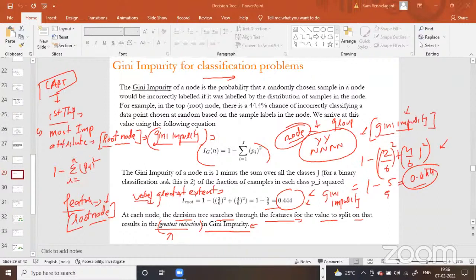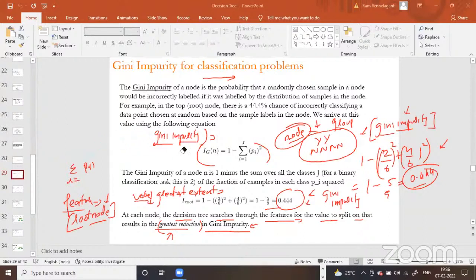So how are you going to program this logic in Python? How are you going to do that? No need of any manual calculations first. So what is that you are going to do? Simply you can say criteria is equal to gini.